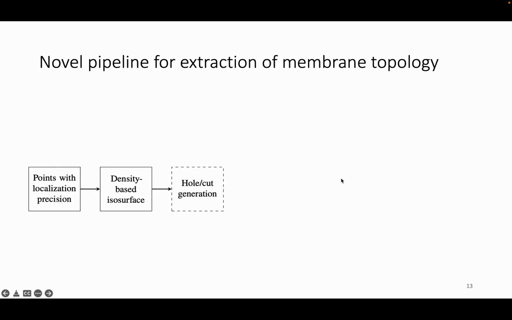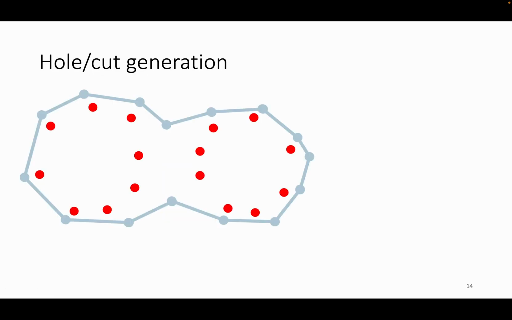Once we have that initial surface, we perform hole and cut generation, sometimes depending on the region that gets used to estimate the density of the point cloud. You can choose a region that's a little too big and paper over empty regions of space.